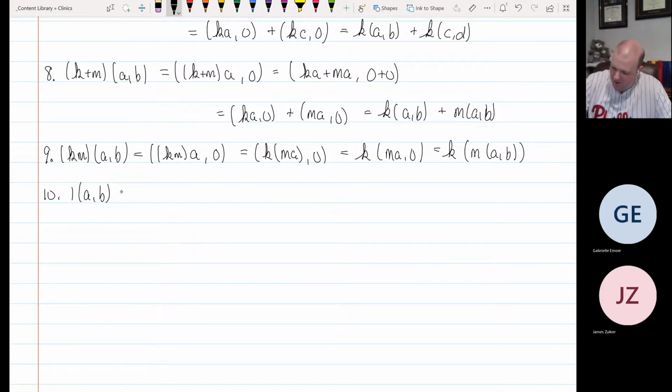Well, by definition, this would be 1 times A and then 0, which is A, 0, which is not A, B. So the 10th axiom is not satisfied.